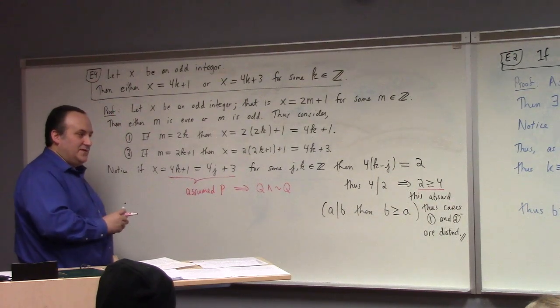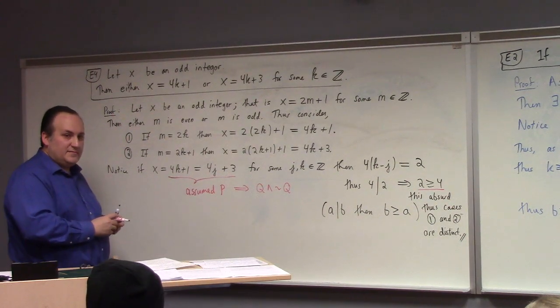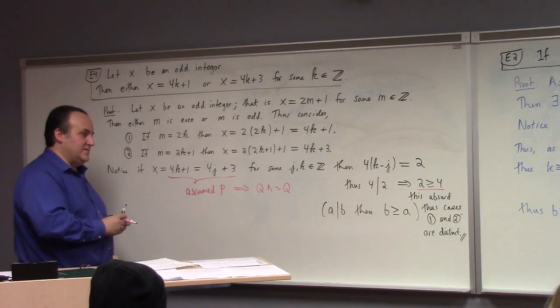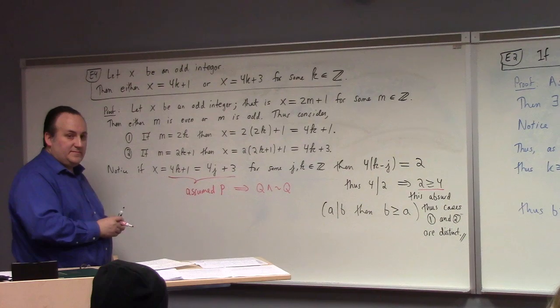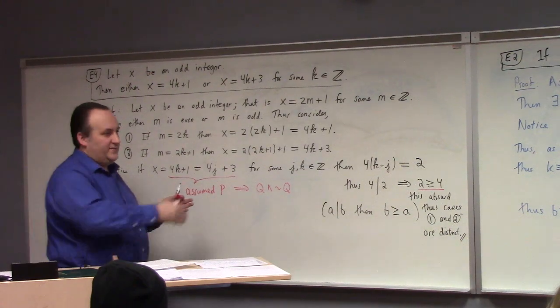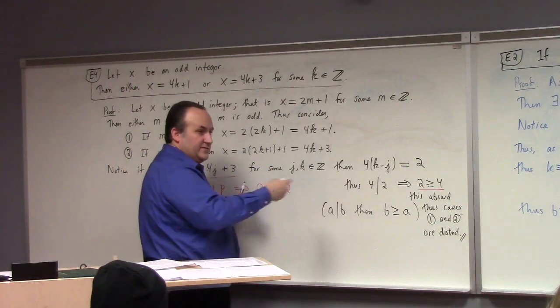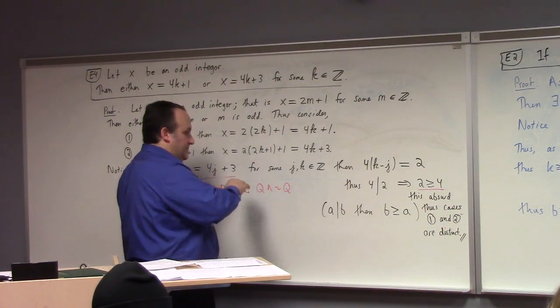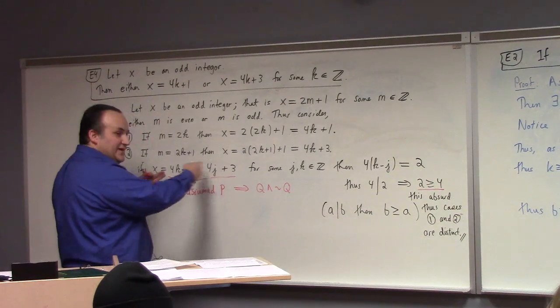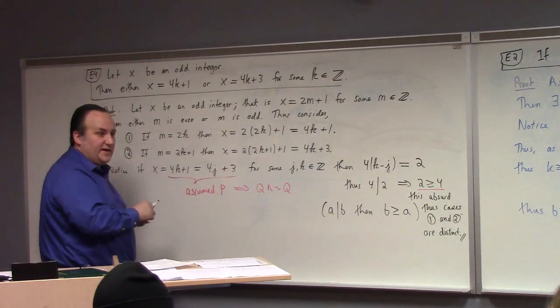But of course we know that not Q is true: 2 is in fact less than or equal to 4. That's a contradiction. I can't have both 2 greater than or equal to 4 and 2 less than or equal to 4, which of course is true. So that therefore means that my assumption P is false. This is proof by contradiction.